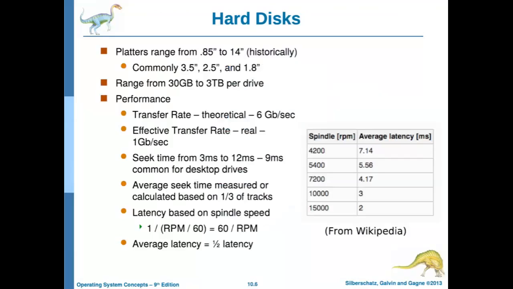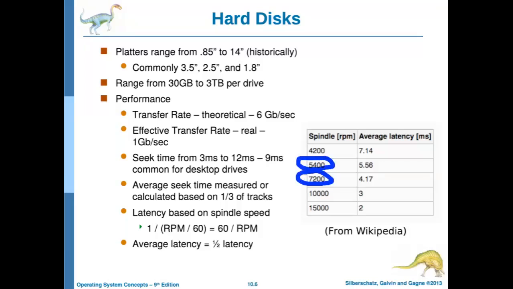Now, hard disks come in multiple varieties in terms of storage and in terms of the speed of the spindle in RPM. For example, if you see the table here, let me highlight it. 5400 and 7200 are more common in laptops.